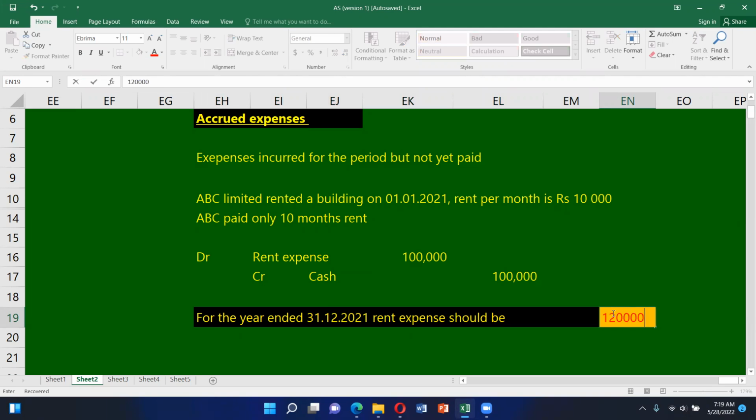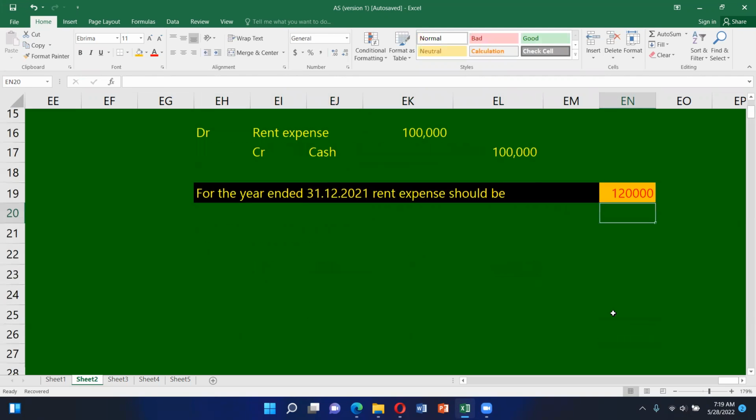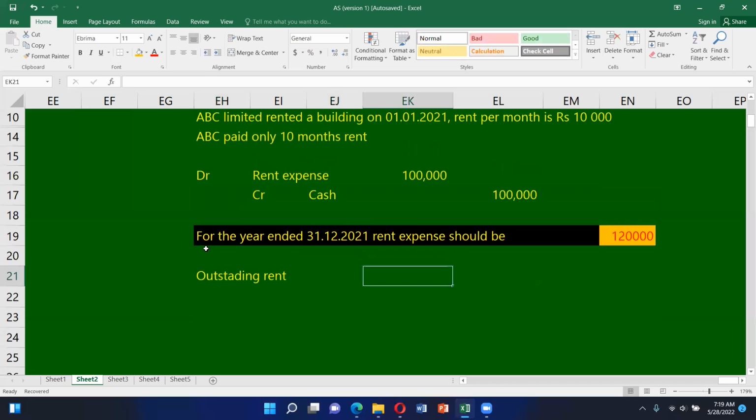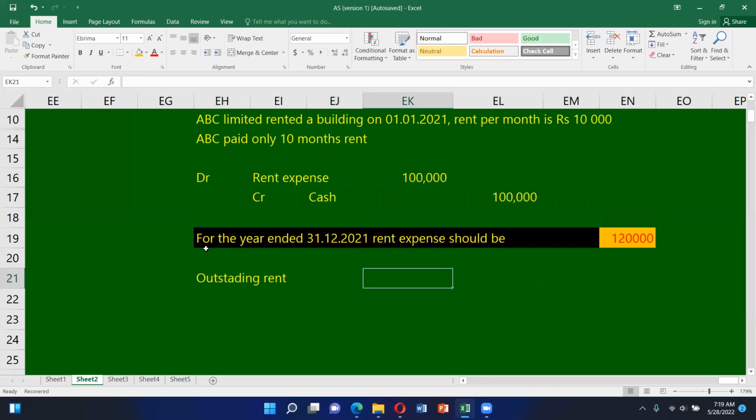Write it down. And next write it down. Outstanding rent. So 120,000 is the total rent. You paid 100,000. How much do you have to pay more? Further, you have to pay 20,000 rent.